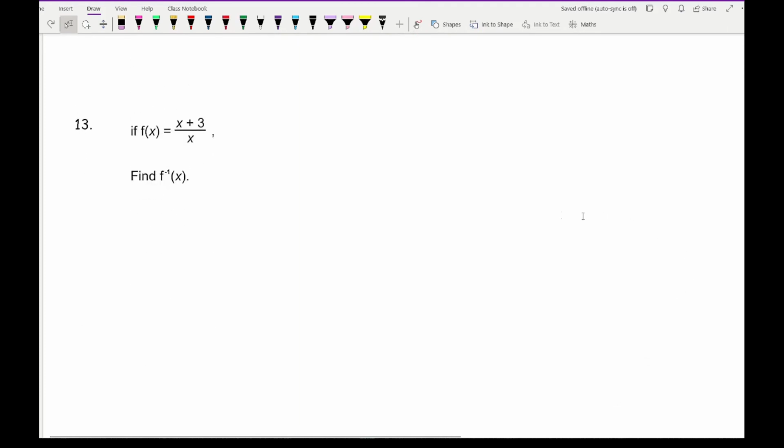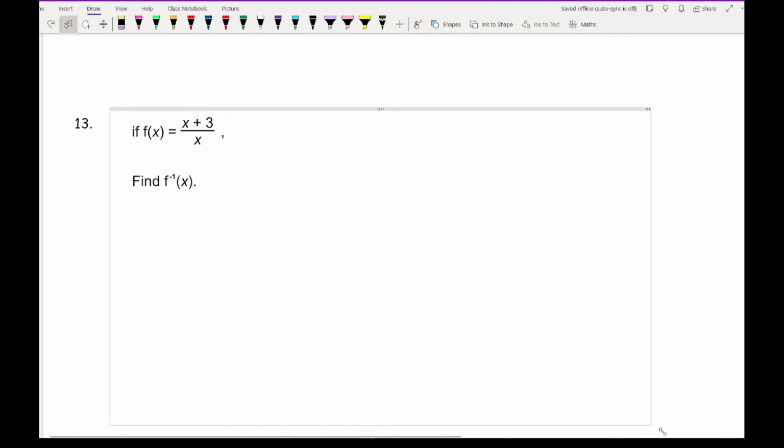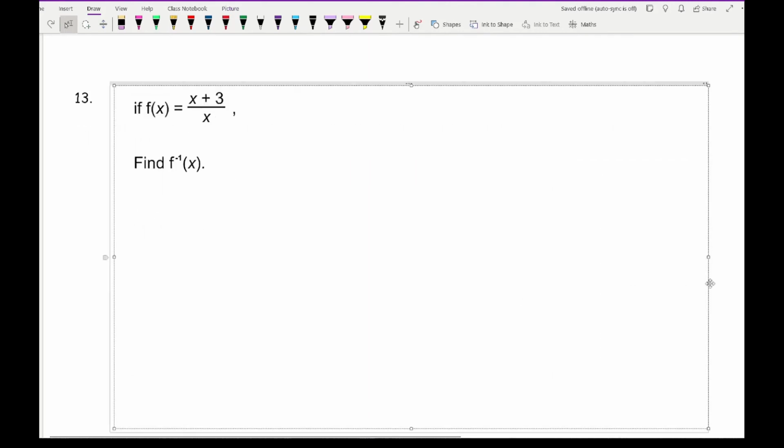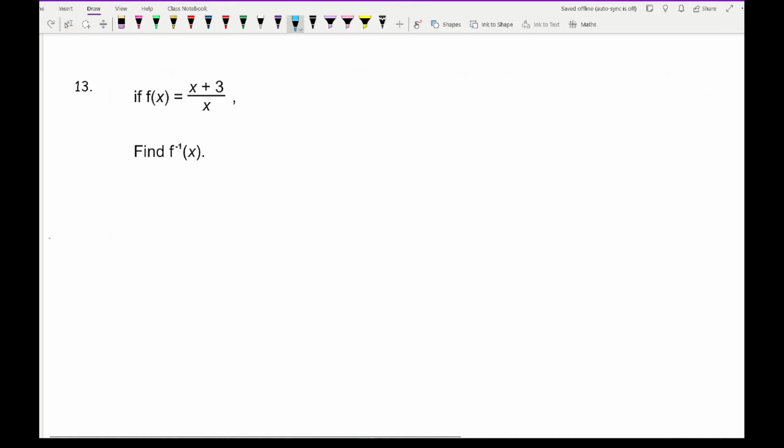Moving on to question 13. Let me just make that a tad bit bigger. Because we've got x on both sides, the process is exactly the same. I make it equal to y. I then take the x over to the side, so I end up with xy equals x plus 3.